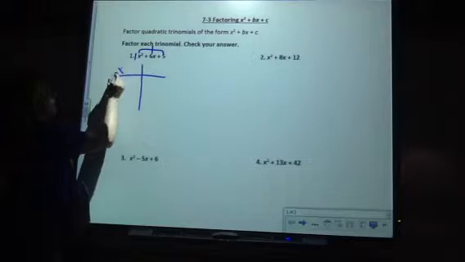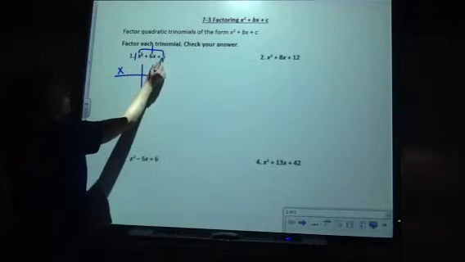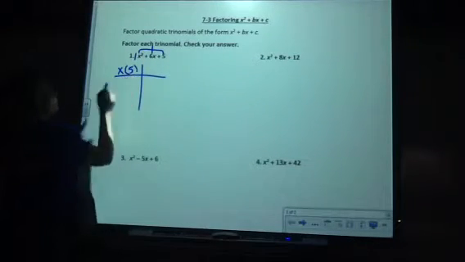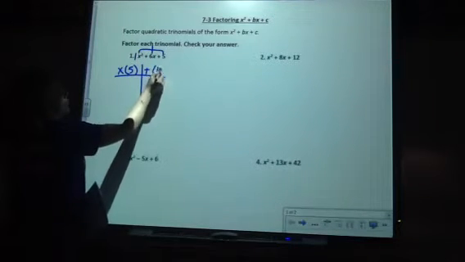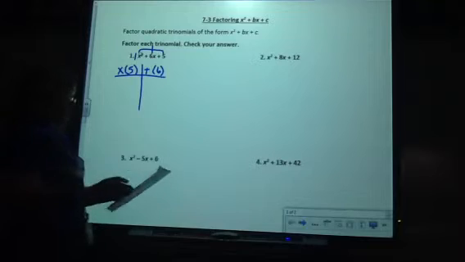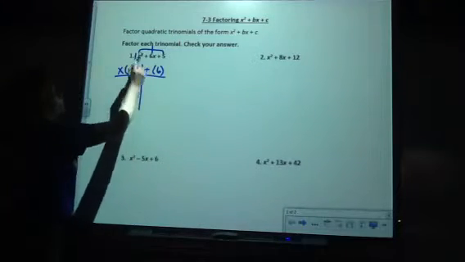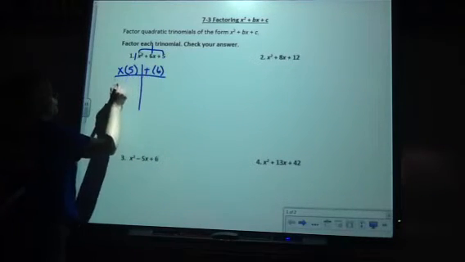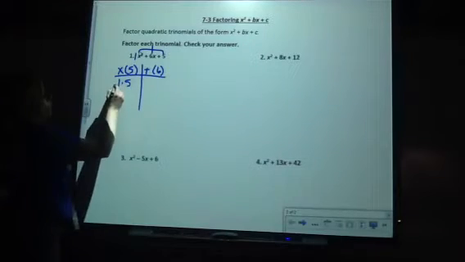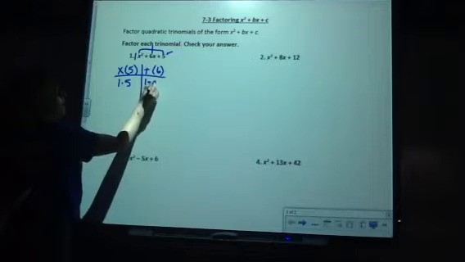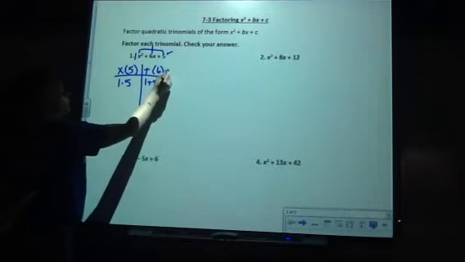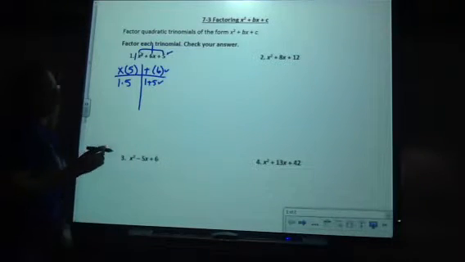So the product needs to equal 1 times 5, which is 5, but the sum needs to equal 6. So let's go through our factors for 5. I have 1 times 5. 1 times 5 equals 5, check. Take those numbers and add them. 1 plus 5 equals 6, check. So those are the numbers I'm going to use.